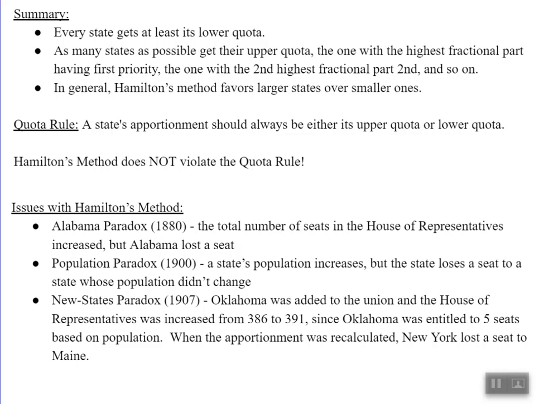So the new states paradox is adding a new state to the Union can affect the number of seats that other states get. I will tell you, none of these methods for apportionment are perfect, but Congress has decided that certain issues are less severe than others.